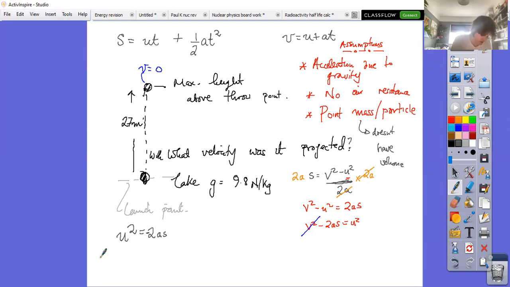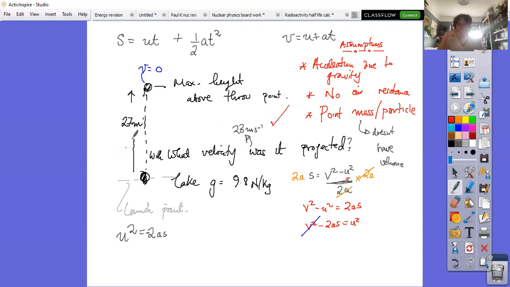I accidentally squared something when I shouldn't have. 23, indeed. Okay, absolutely spot on. 23 meters per second. Okay, good.